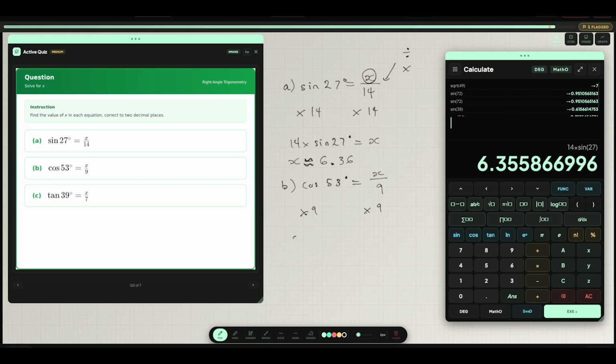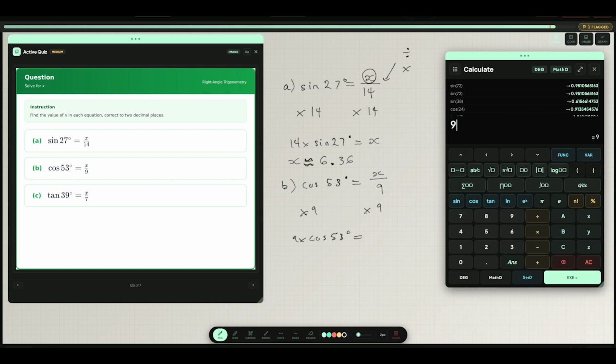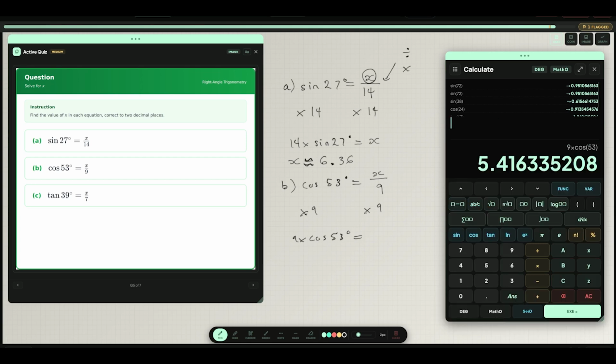And we're left with 9 times cos of 53 degrees is equal to x, and we put that in our calculator, 9 times cos of 53, hit execute, and we get 5.4. And because our third digit is a 6, we're going to make it 5.43.